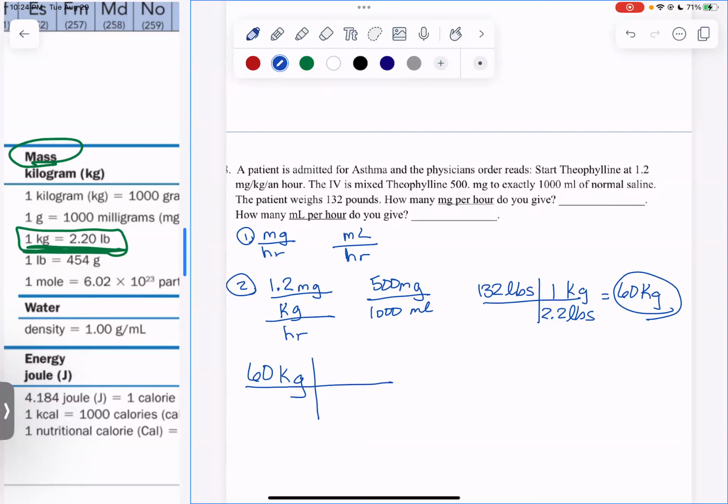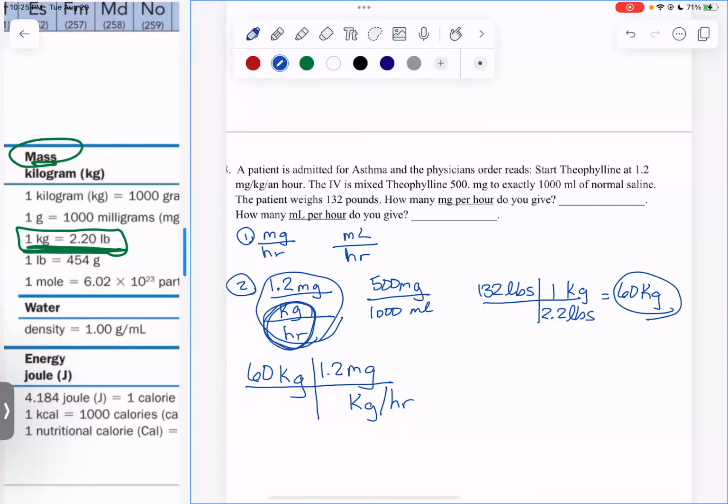And I want to go from kilograms to milligrams, really milligrams per what? If I put kilograms here, this goes together, kilograms per hour. So I'm just going to go kilograms per hour. And then I'm going to put milligrams on top.